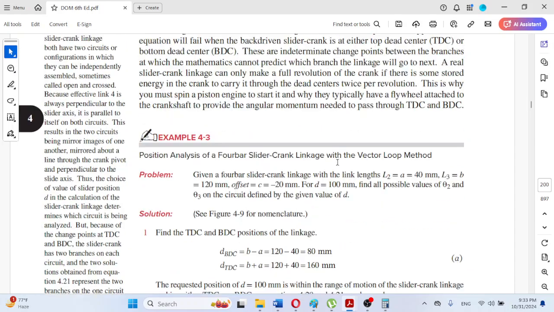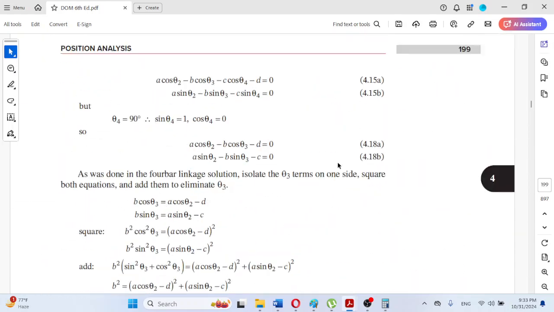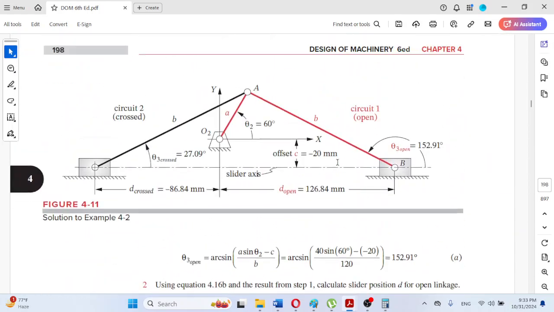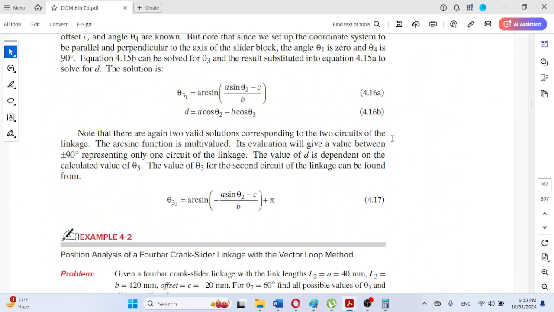Equation 4.16b gives the corresponding slider location.